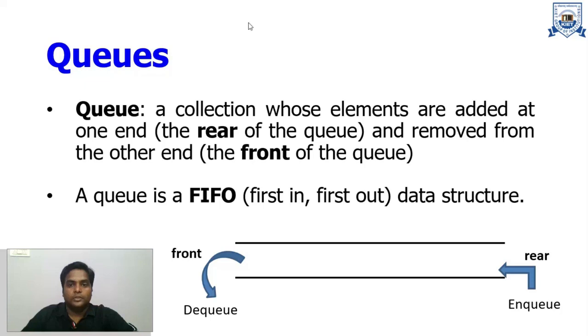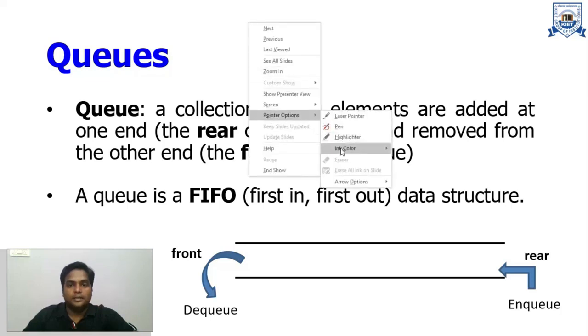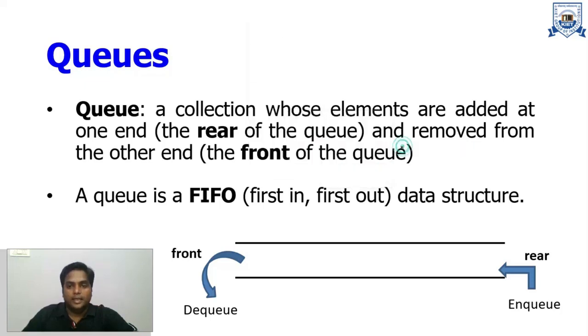So let's suppose we consider it as a queue where we have two ends, front as well as rear. From rear we perform the enqueue operation. Enqueue is basically an insertion in queue. Similarly, dequeue is basically a deletion from a queue.